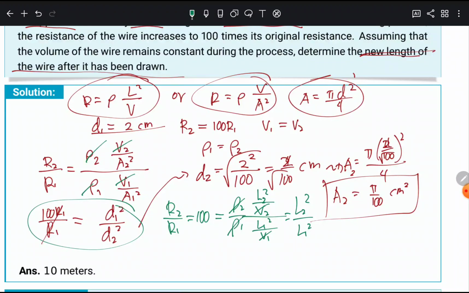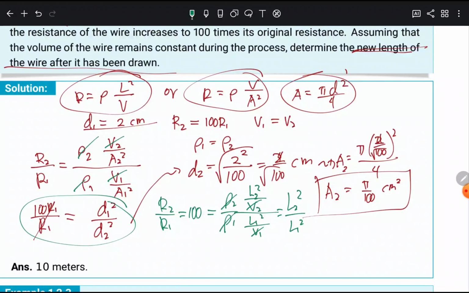And we are given L1, which is 1 meter. So this is equal to 1. Then L2 will be equal to the square root of 100, or L2 will be just equal to 10 meters. So we can do that because the length is unknown in the problem.